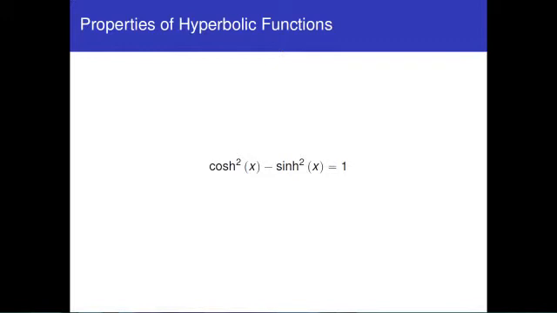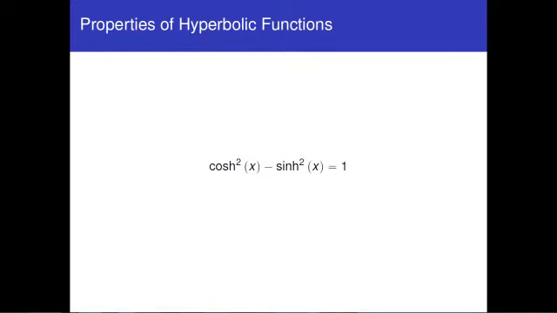Make sure that you get these in a separate category in your brain from the trig functions, but perhaps think of them in a structural sense as sharing some similarities in terms of identities, for example, like this. The hyperbolic cosine squared of x minus the hyperbolic sine squared of x is equal to 1. Very similar to the Pythagorean identity in trigonometry. The big difference, of course, is the minus here.